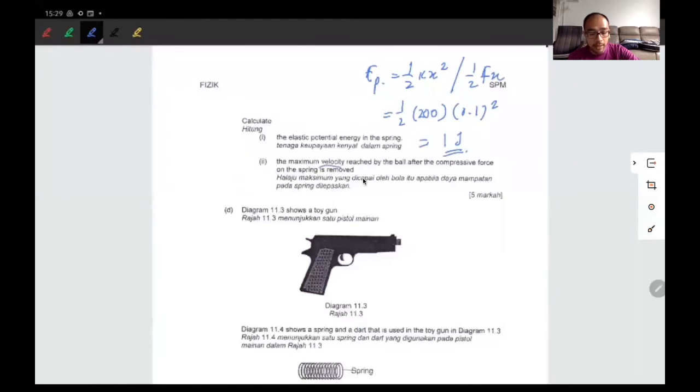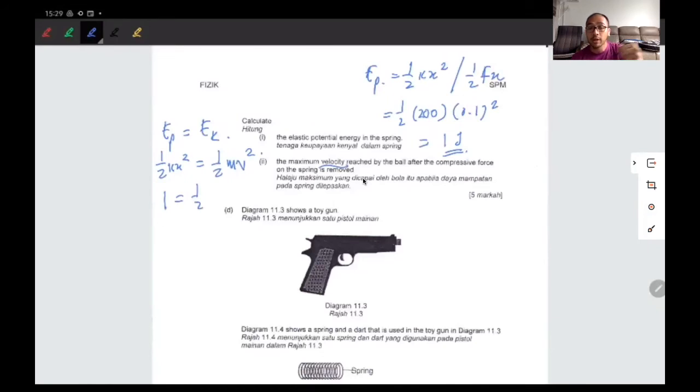Maximum velocity. Now, after the compressive force is removed, this is again coming back to what we studied earlier. The potential energy is equal to the kinetic energy. So the 1 over 2 kx squared, which you calculated just now, is equal to 1 over 2 mv squared. 1 equals, because how did I get this 1?